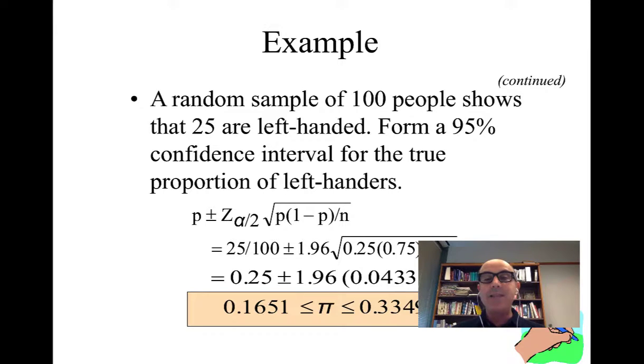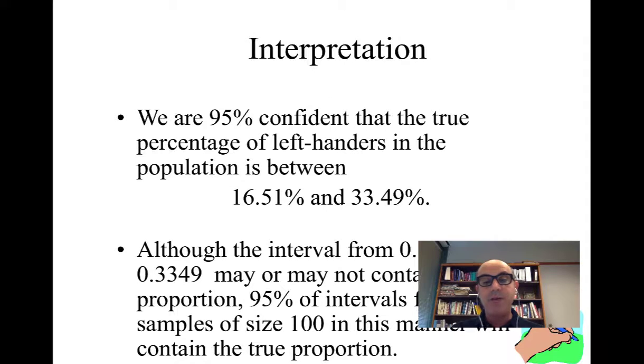For the 95% confidence interval for the true proportion of left-handers, we will do the following: 25 divided by 100, plus or minus. We want to have 95%, which is 1.96, and we take the square root of 0.25 multiplied by 0.75 divided by 100, which will give us a proportion smaller than 1.65 and also larger than 0.34.